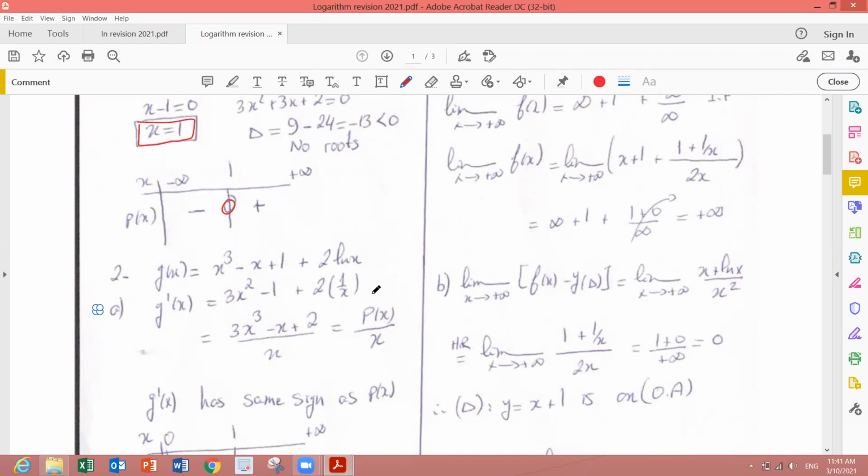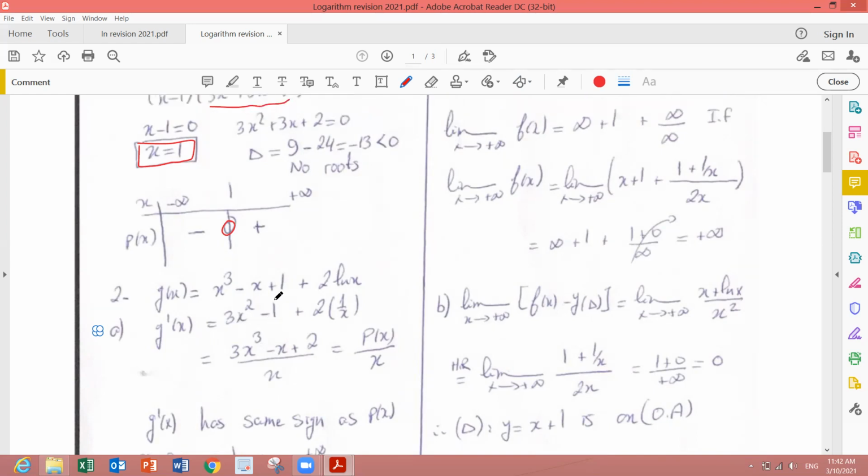And you are told to set up the table of variations of g. Since g prime x equals P(x) over x, and x is positive since the domain is 0 to plus infinity, then g prime takes the same sign as P. We saw P: if x greater than 1, it is positive.